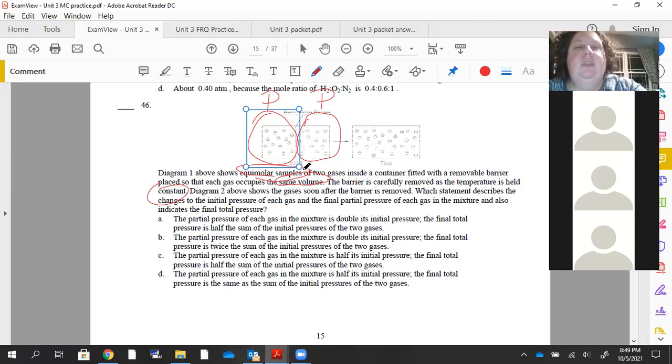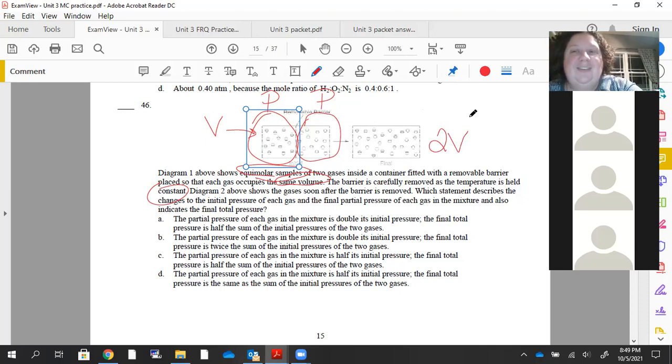When we remove this barrier in the middle, we allow those gases to mix together, but there's something else that changes when we remove that barrier. We're also changing the volume of the container now. So at first, the left side gas was only in half of that whole big container. So let's say that was its volume. When we move over here, now it's twice the volume.